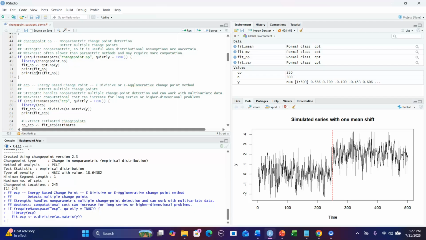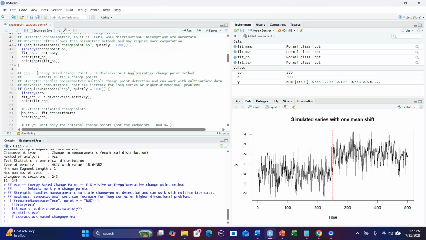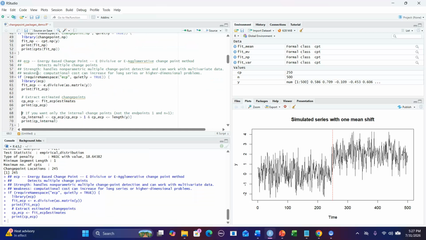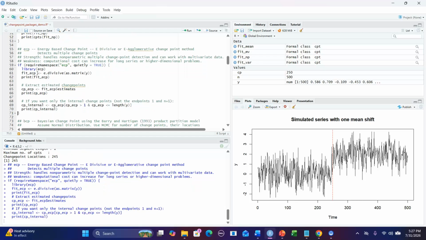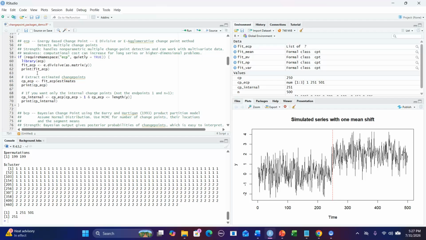That's just showing this works on multivariate time series. Print out the fit, and you can also extract the estimated change points and print them out. You can see there 251, the estimated location of the change point. There's only one; 251 is the boundary value.